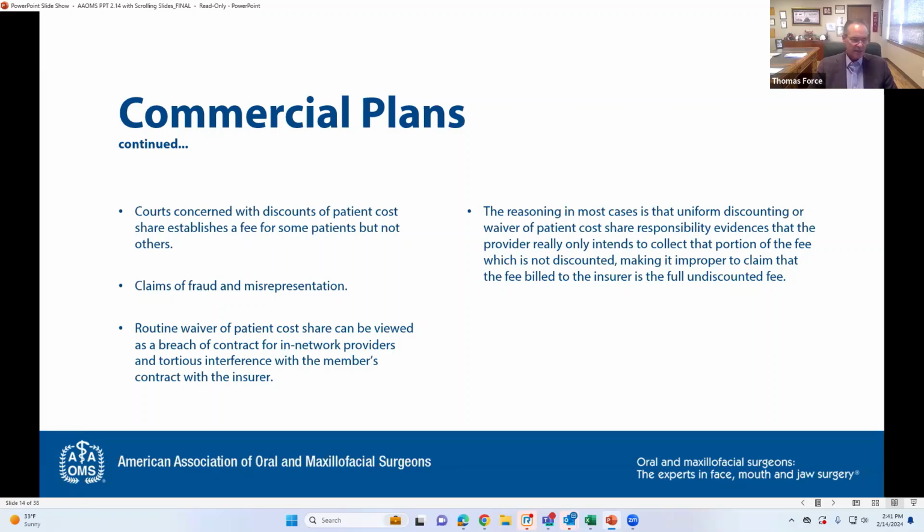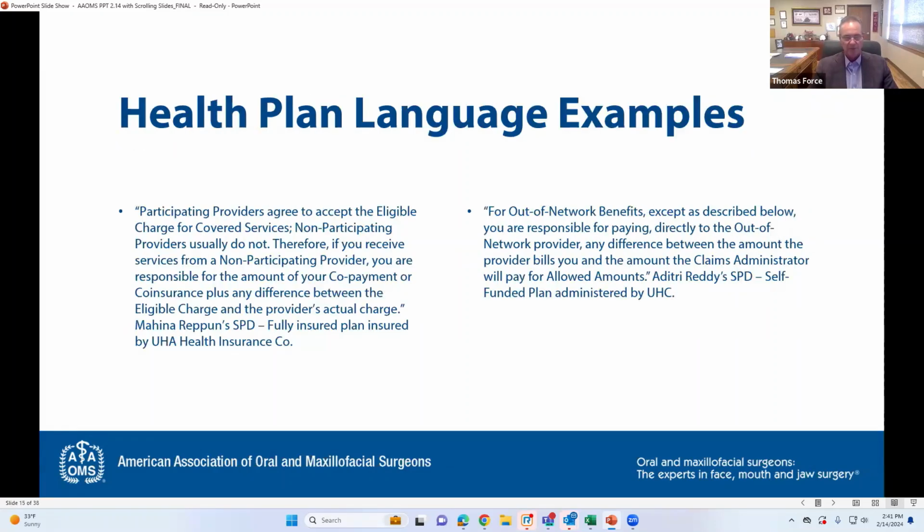Just like I said, the $8,000, not the $10,000 you're billing to the insurance company. It makes it an improper claim, and it's insurance fraud in the eyes of the government and insurance companies. So we talked about members' contracts with their insurers.